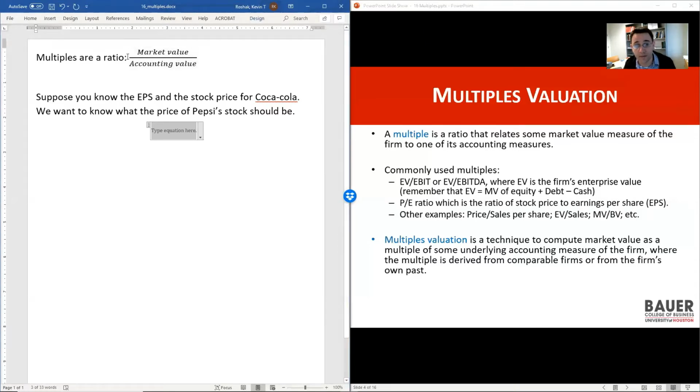We're going to set up the multiple. It's going to be market value divided by an accounting value. So we're going to do this for Coca-Cola. What's the market value for Coke? It's the share price for Coca-Cola. And the accounting value that we have is the earnings per share for Coca-Cola.